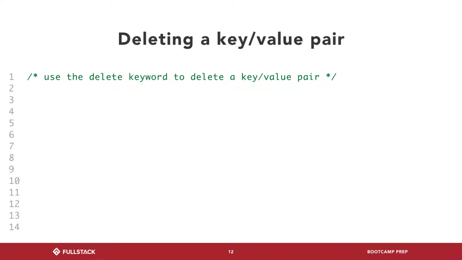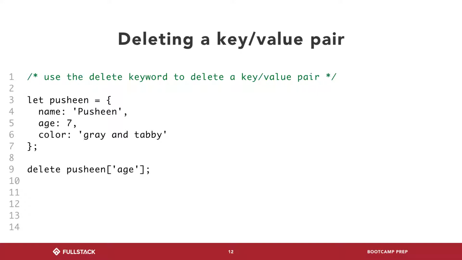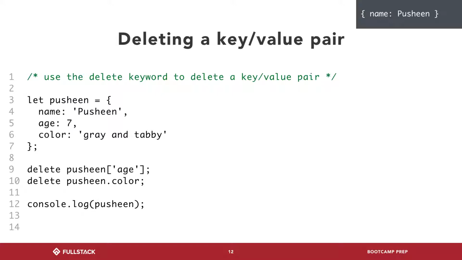Okay. And then lastly, if I want to delete a key-value pair, it is literally this operator called delete. When you use delete, that will delete both the key and the value.